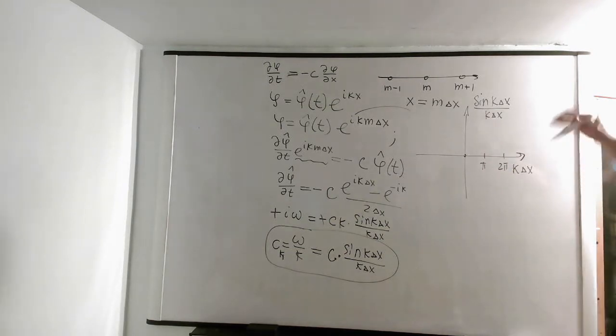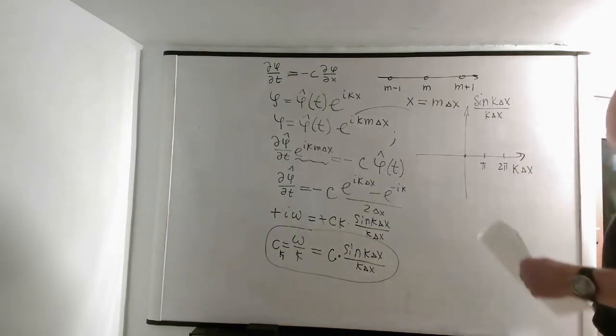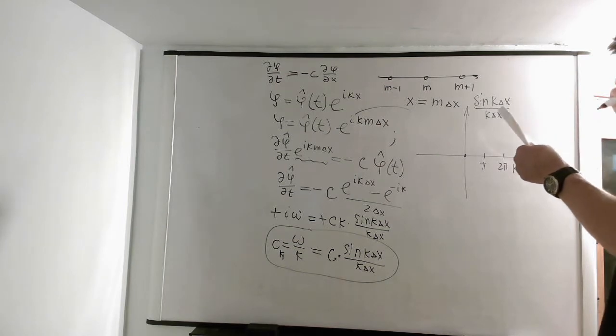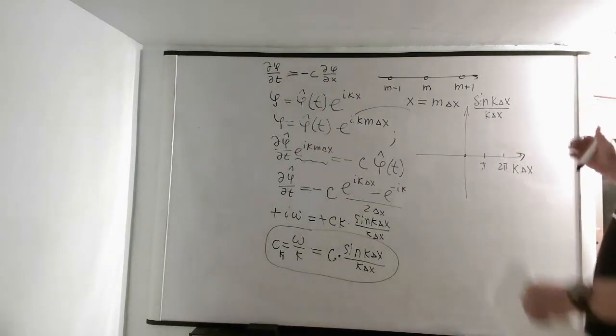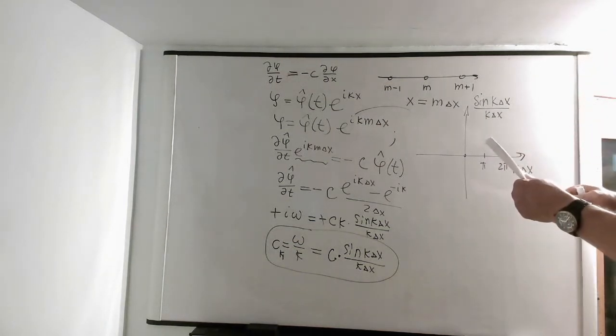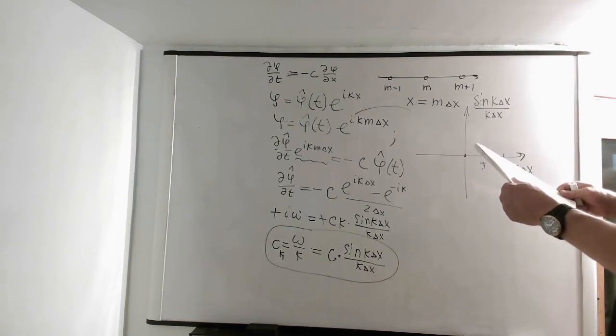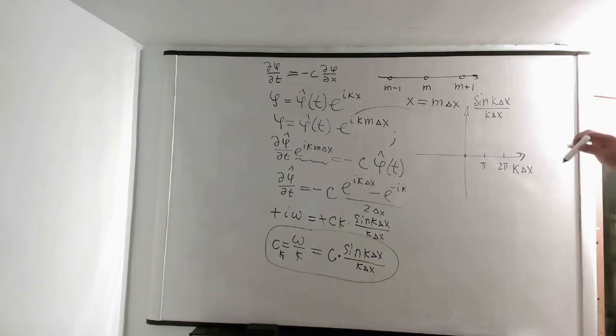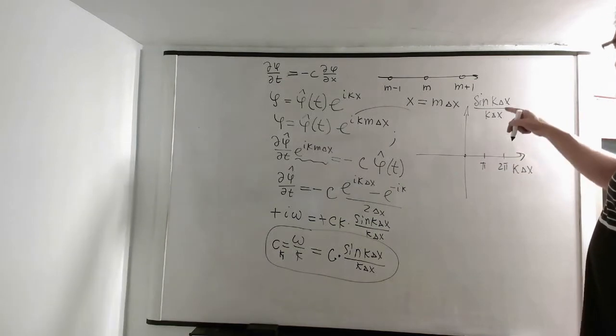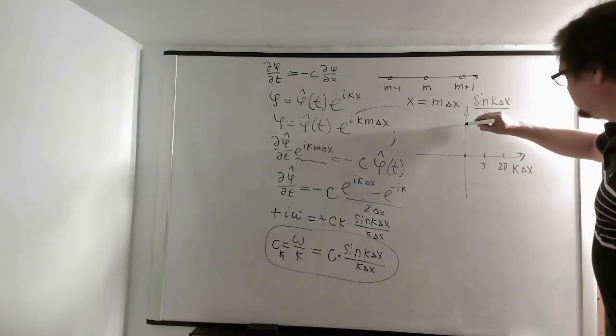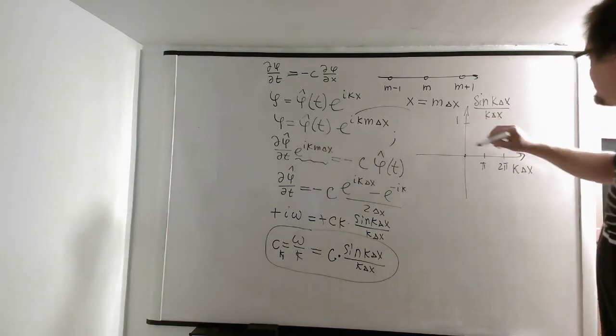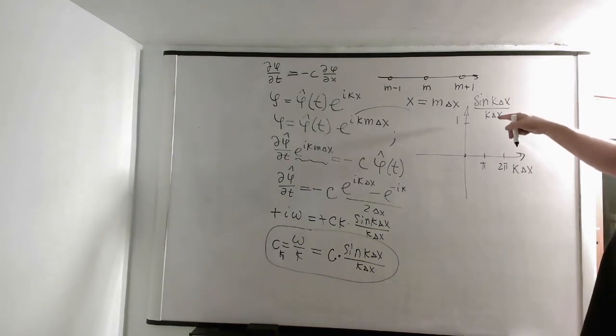So it will be symmetric, of course, and it's going to look like the following. It's sine x divided by x.